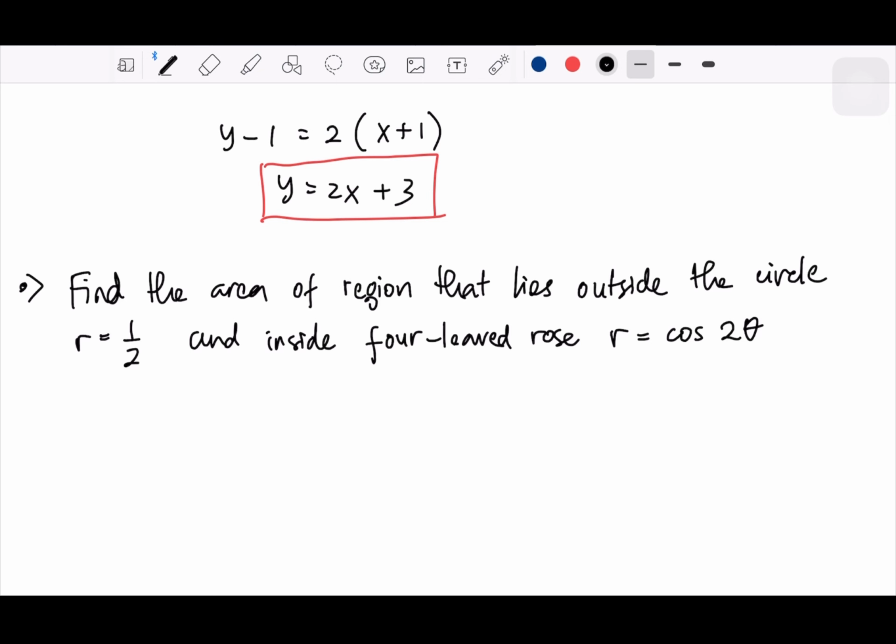So first you can sketch if you want, but if you want to go directly to the equations, you might find the intersection first, and make sure of the angle, and at least you have some endpoints.